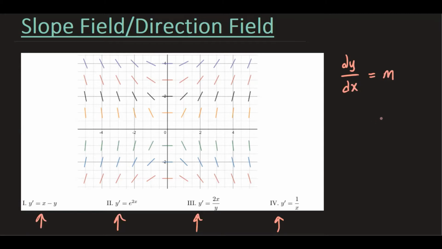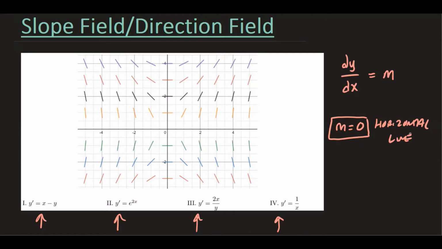We want to know when this slope is equal to 0. Among all of these four, when will we have slope equal to 0? Remember, 0 slope is just a horizontal line. So we're looking for when we have a tiny horizontal line.